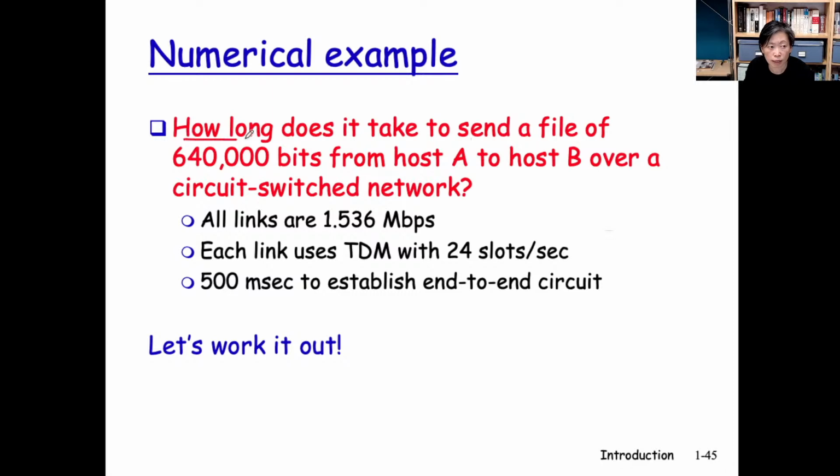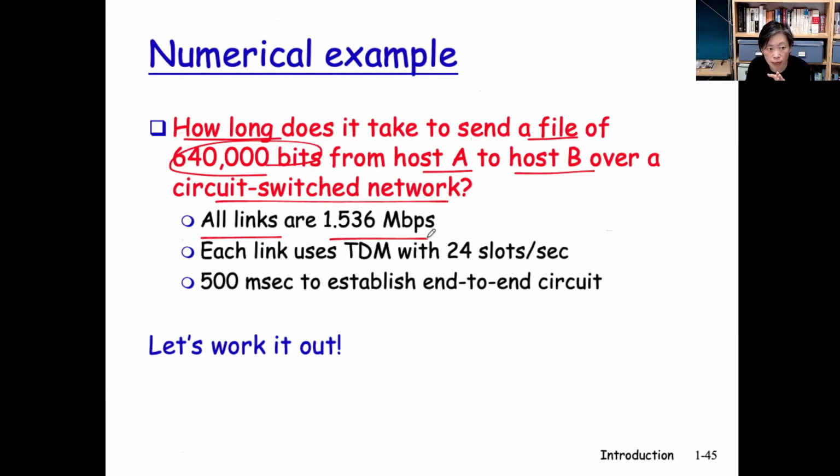The question asked is, how long does it take to send a file, this big, from A to B over a circuit switch network? And in this network, all the links have the same capacity, 1.536 megabits per second.